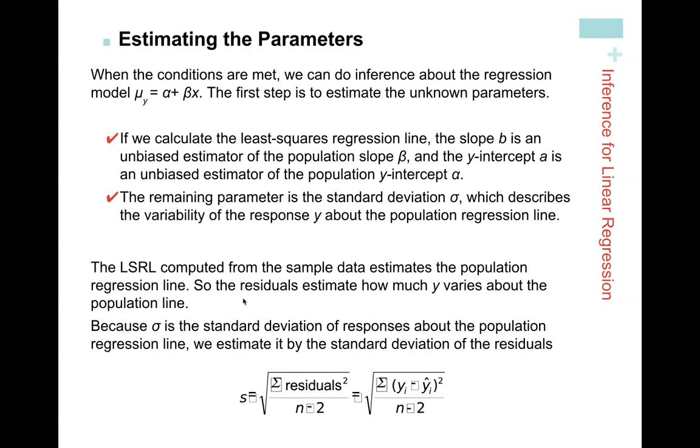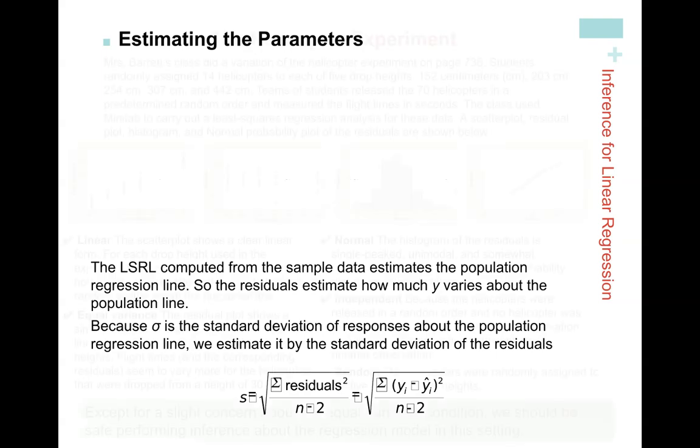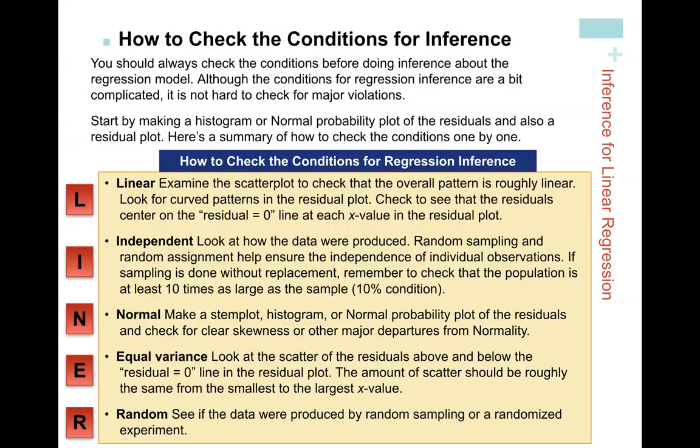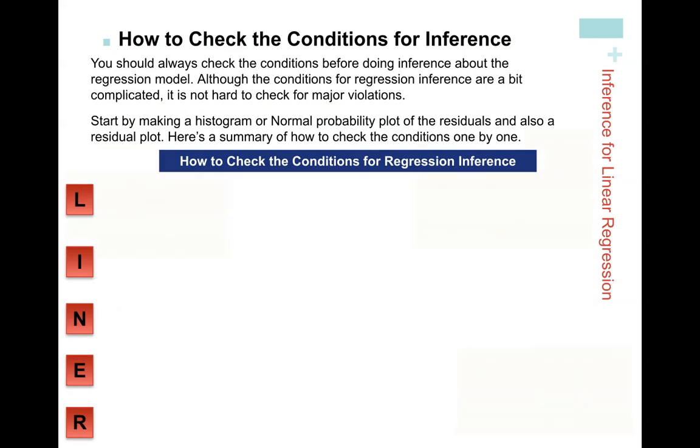So the residuals from our sample regression line estimate how much y has varied about the population line. That is kind of like the definition of what residuals are, right? Just error in the y direction. And so this also goes back to this diagram right here.